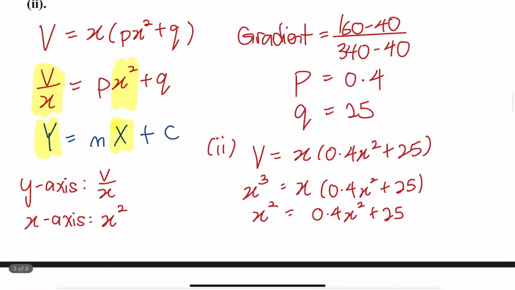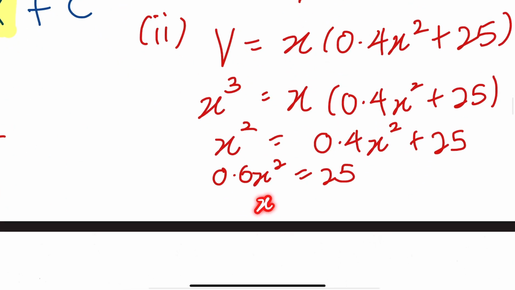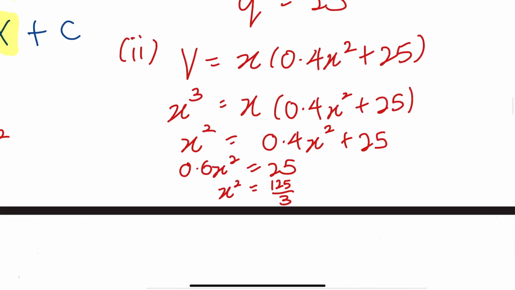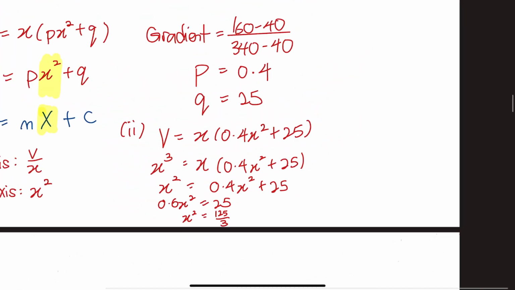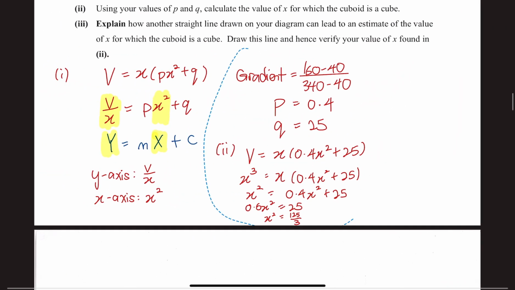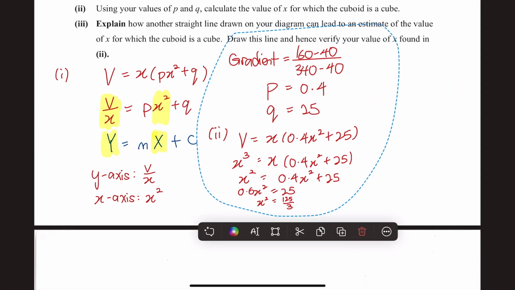Therefore, this means that 0.6x squared is equal to 25. I subtract 0.4x squared on both sides of the equation. Okay. This means that x squared will be equal to 25 divided by 0.6. I'll get 125 over 3. Okay. Therefore, let me make this smaller so I have more space to write.